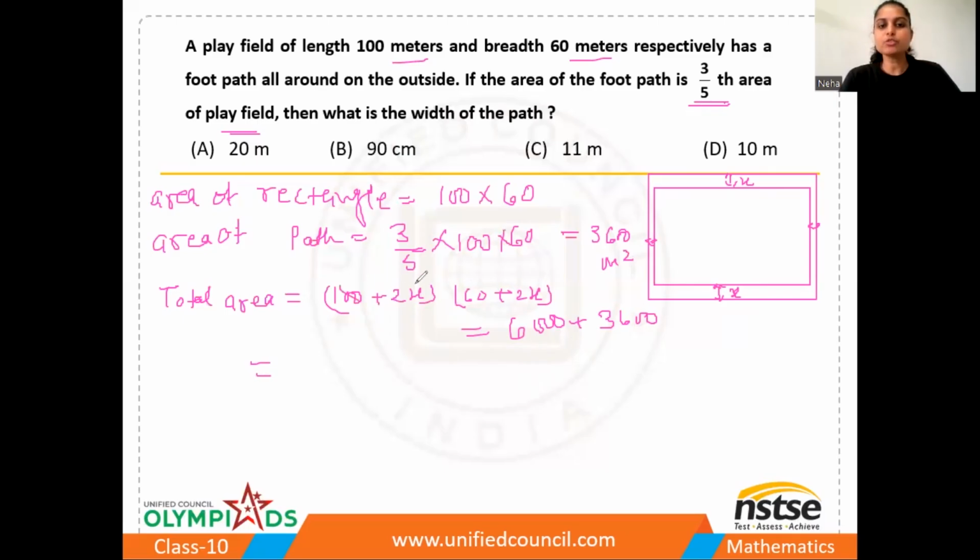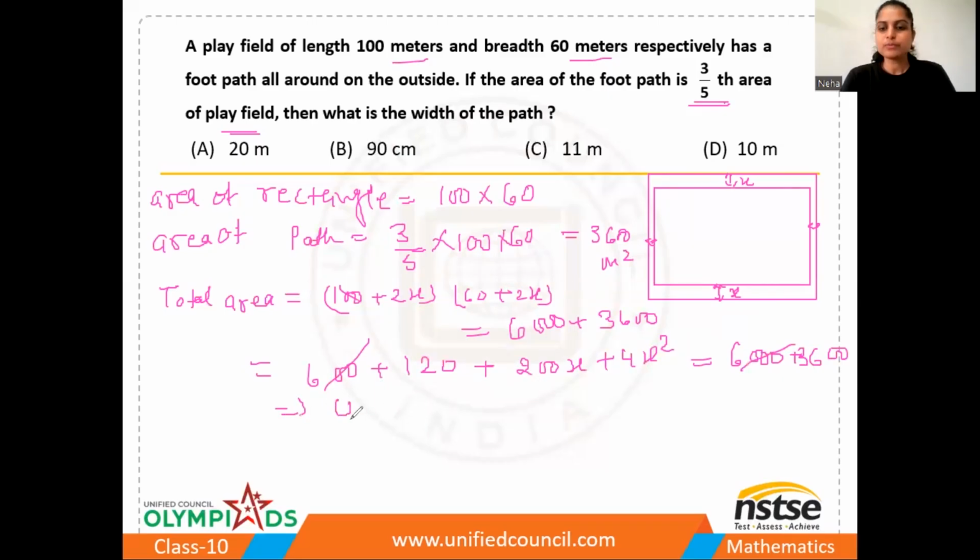So if I open these two brackets, if I multiply these two brackets, it becomes 6,000 plus 120x plus 200x plus 4x square, which is equal to 6000 plus 3600. So 6000 and 6000 will get cancelled out here, right?